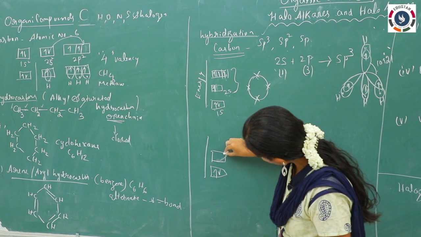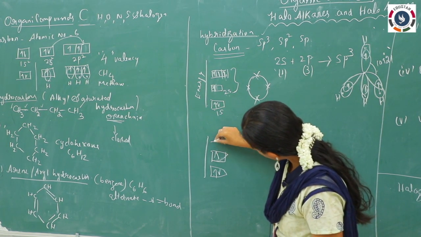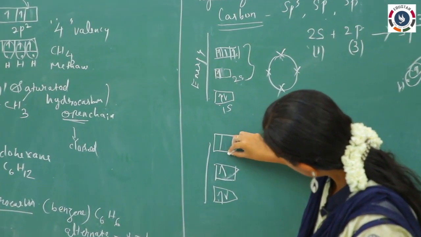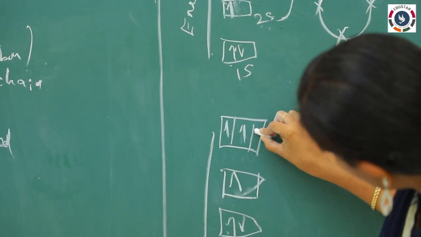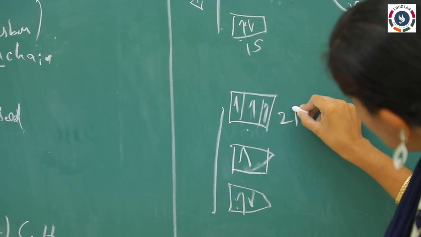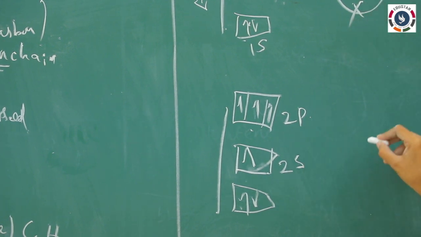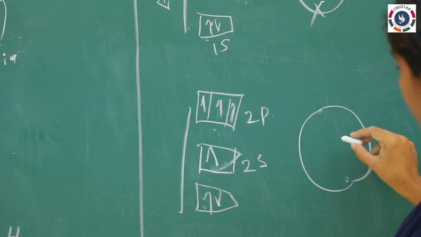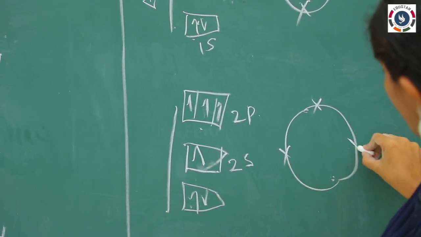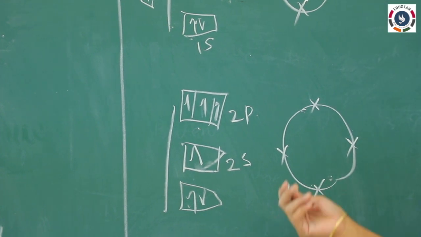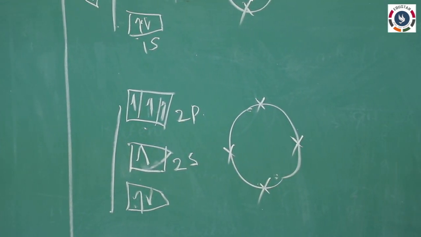This is the 2p and this is the 2p. This is 2p and this is 2s. We are going to just concentrate on these things alone. There are 4 electrons in the valence shell.